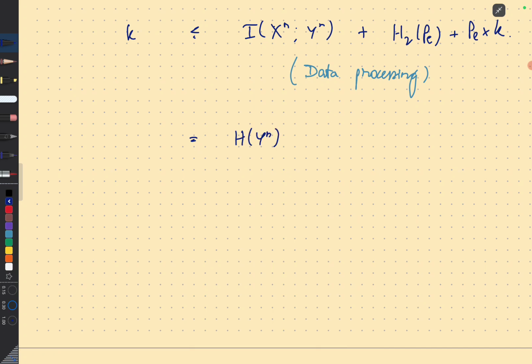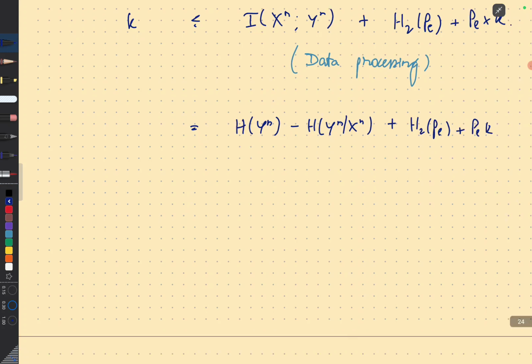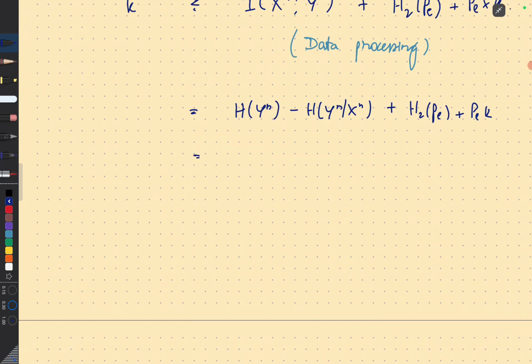I have h of yn minus h of yn given xn plus the remaining. So let's use the chain rule for this particular quantity. In fact, let's use the chain rule for both terms.